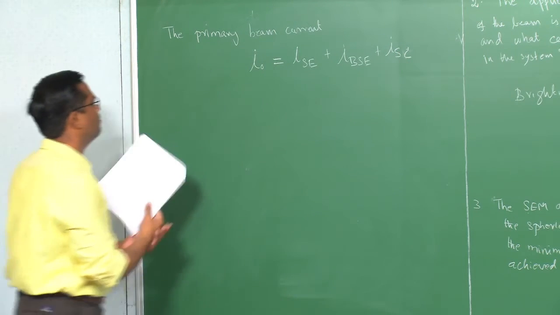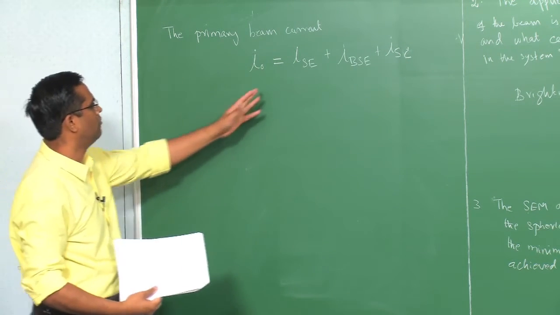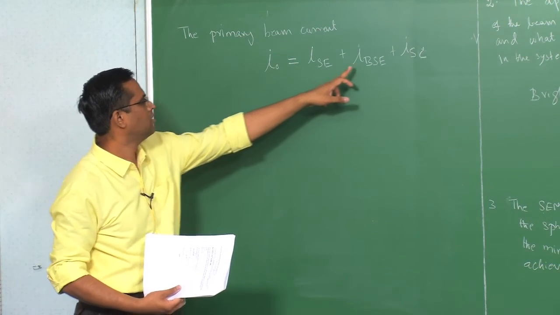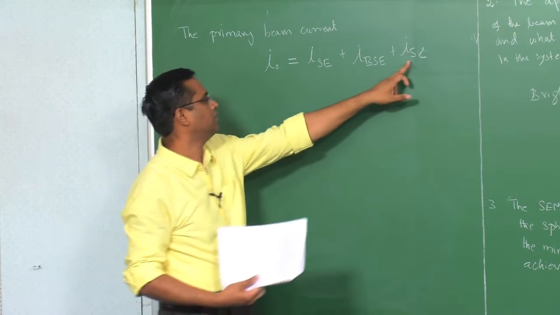The primary beam current is written as the sum of the secondary electron signal current, the backscattered electron signal current and the sample current.